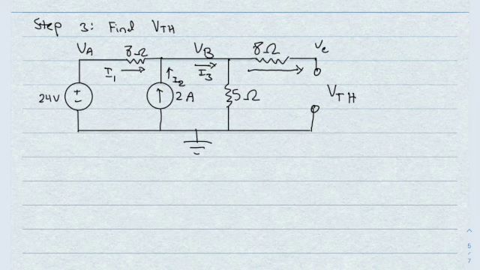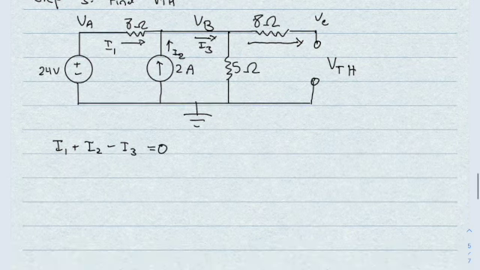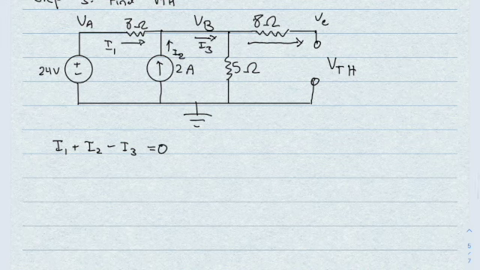No current is flowing over that 8 ohm resistor, so we just need it going over 5. All right, so we have I1 plus I2 minus I3 equals 0. We just need one nodal equation since we're only solving for one node. Right, pretty convenient.